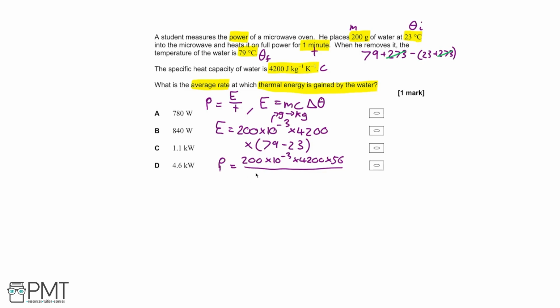So this was 1 minute, so we need to do 1 minute times 60. So this is minutes into seconds. If you do this calculation, then you find that the power dissipated in the water is approximately 784 watts, which gives us A. Therefore, our answer is A, to two significant figures.